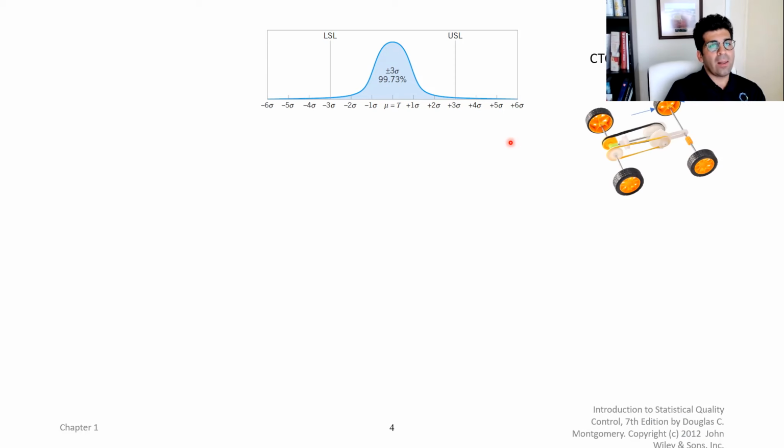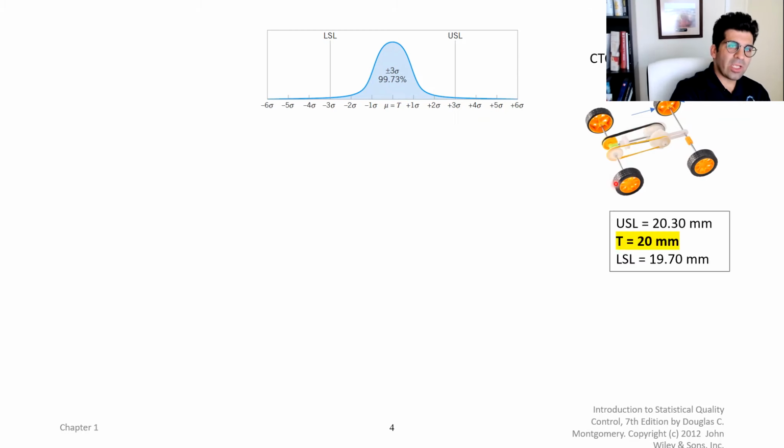If you produce thousands or millions of those, and then you actually measure the diameter of the wheel and put it on a histogram, it will have a distribution, right? It will have a mean and a standard deviation. Let's say that blue distribution here is the distribution of the diameter of the wheel that we're producing.